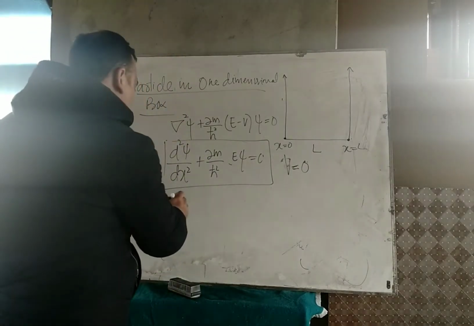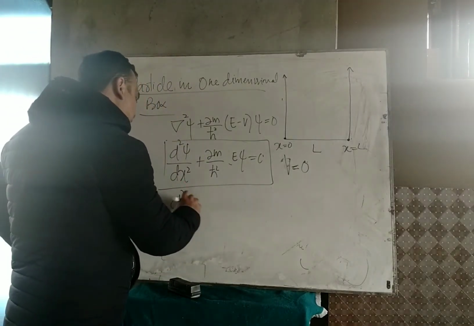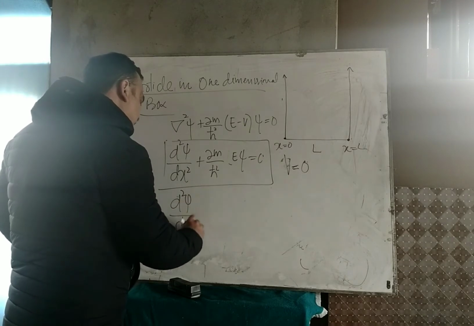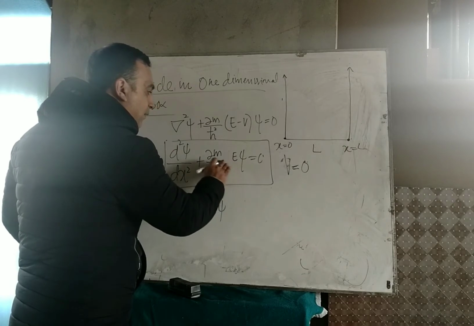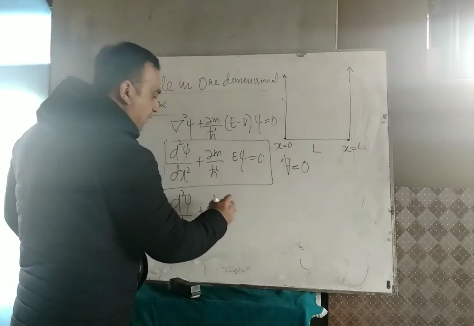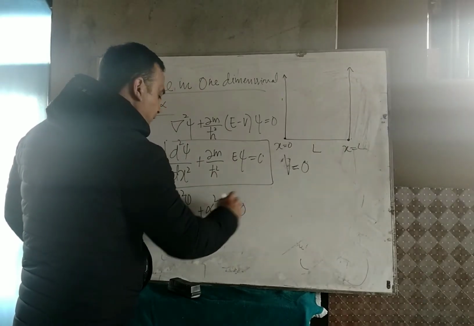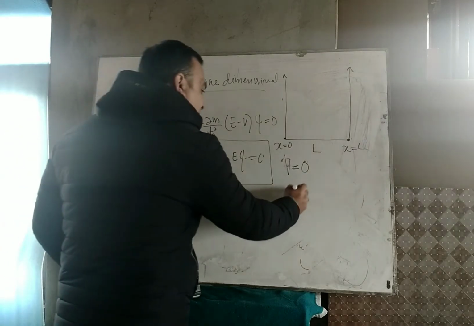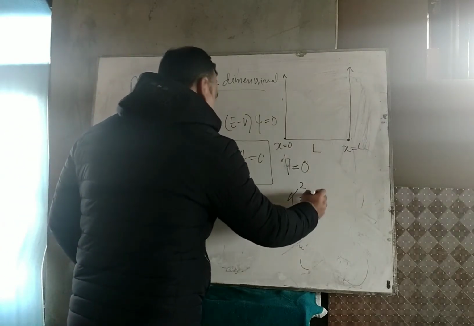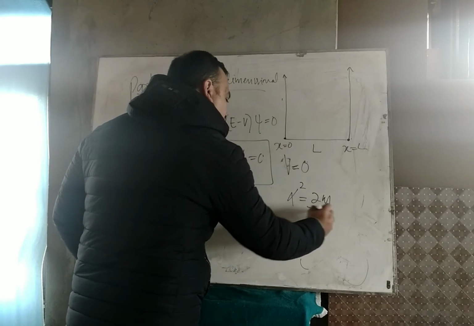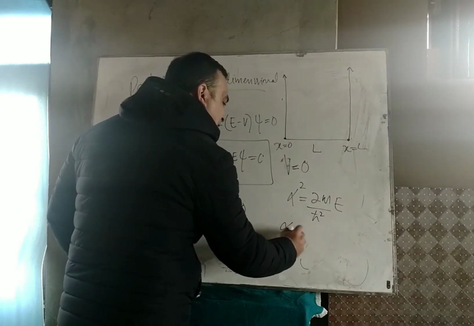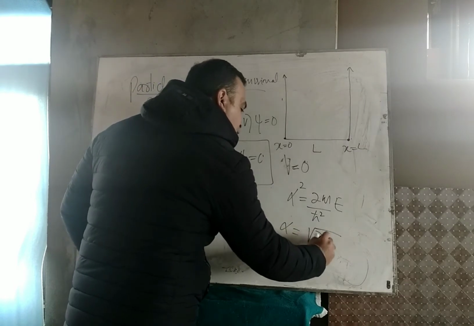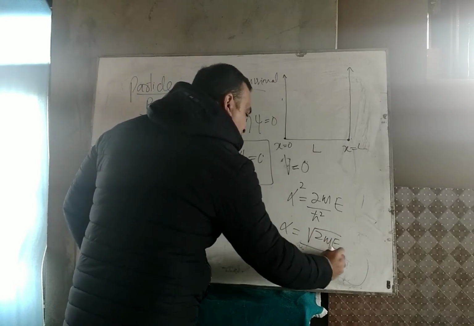Now we can write this equation like this: d2 psi upon dx2 plus alpha square psi is equal to zero, where alpha square is 2mE by h bar square. So alpha can be written as the square root of 2mE divided by h bar.